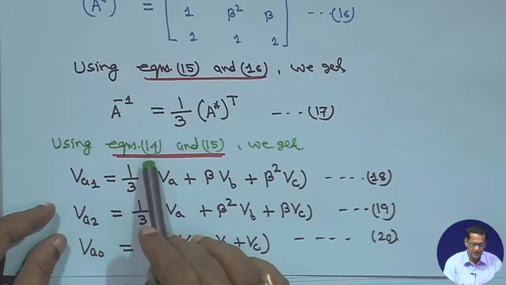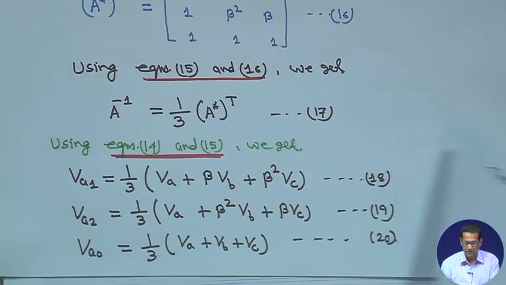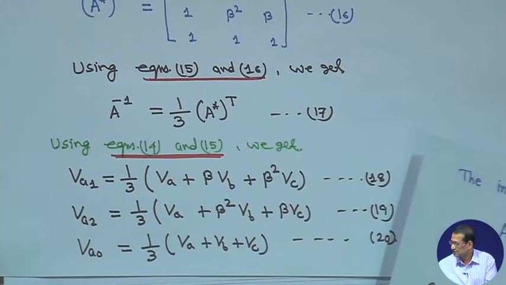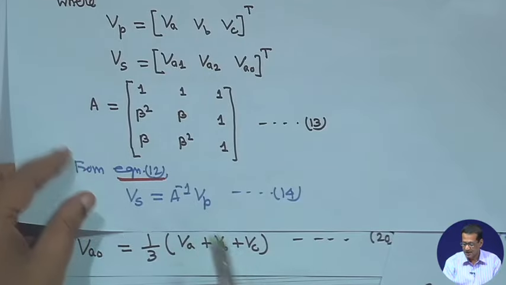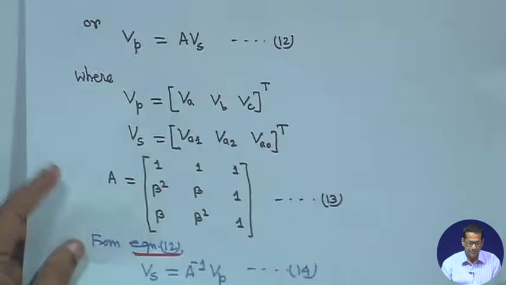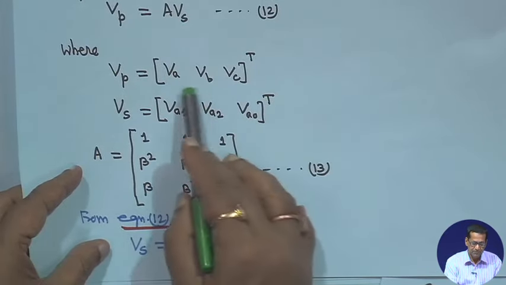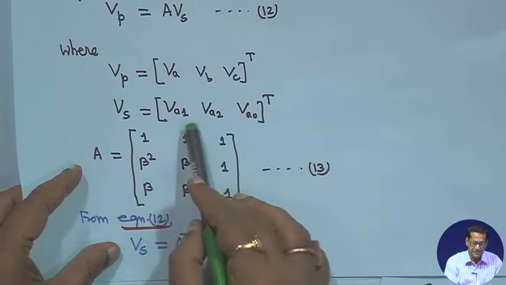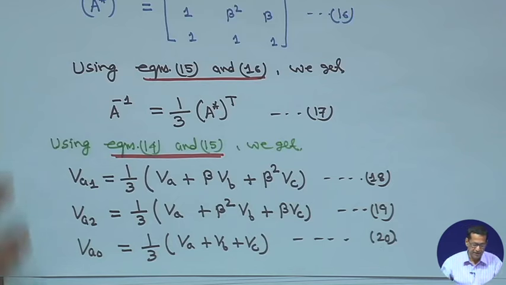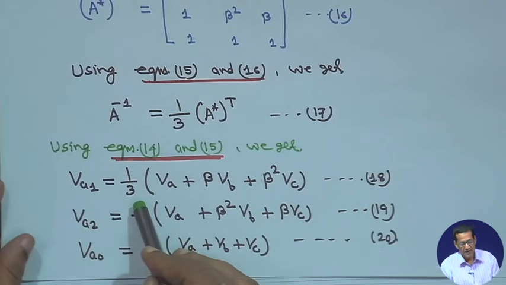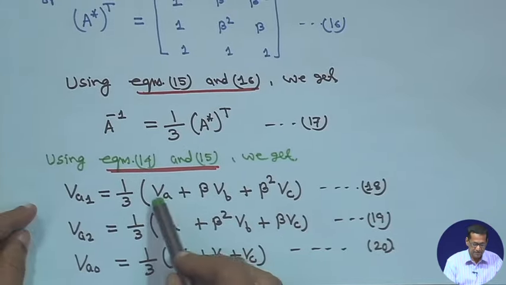So, using equations 14 and 15, we get, let me go back to equation 14, that V s is equal to A inverse V p. That means V p is V a V b V c, and V s is V a1 V a2 V a0. The positive sequence component V a1 you can write with 1/3, because it is A inverse.